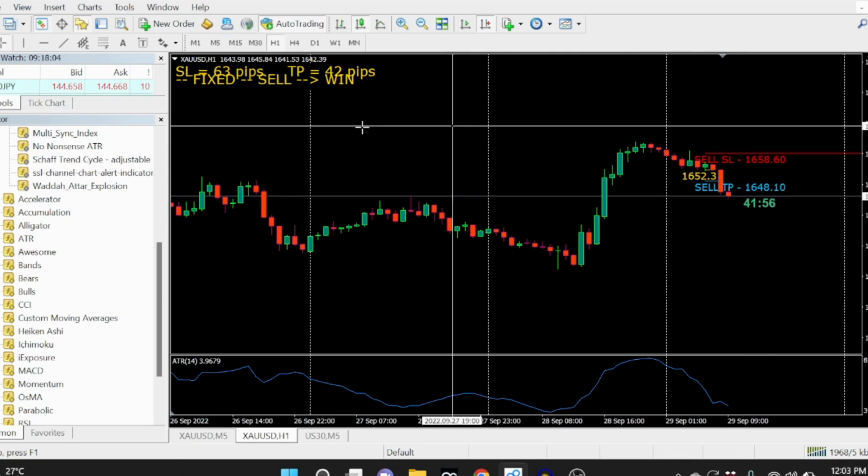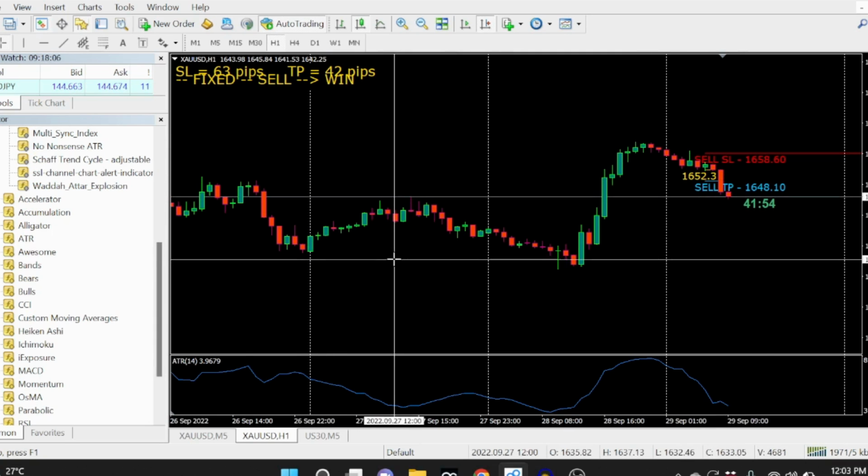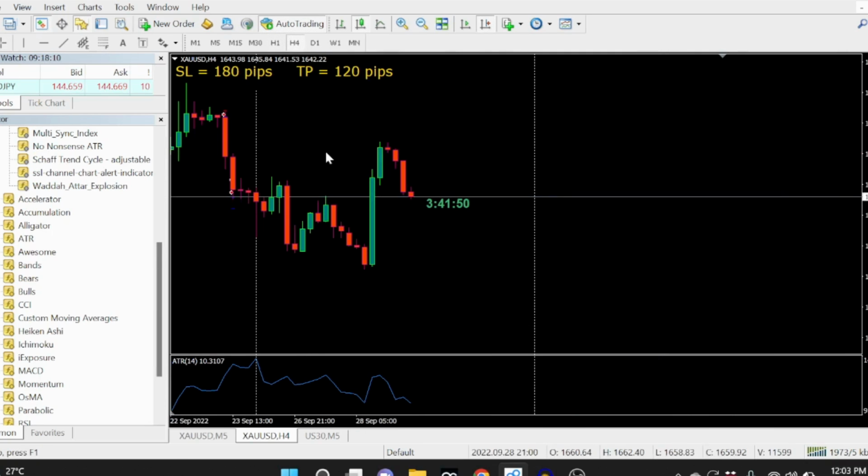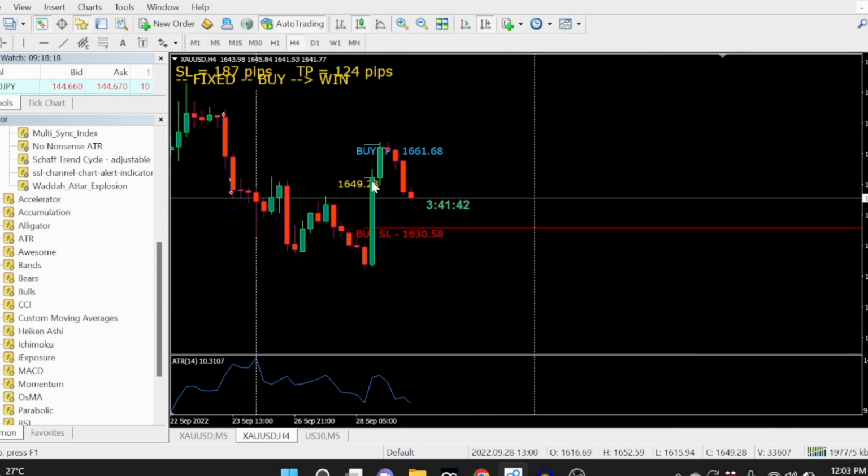At any time period you can use this indicator. Let's say you are trading on the 4 hour, it will set your stop loss and TP according to the 4 hour. Let's say you buy here, your stop loss will be placed here and your first take profit will be here. Then you move to break even, and your break even will get stopped out in this case.